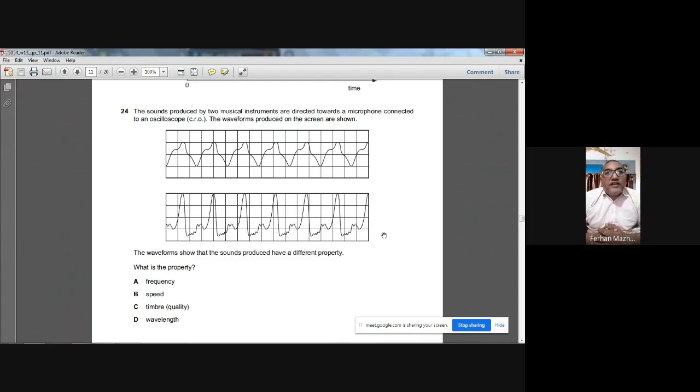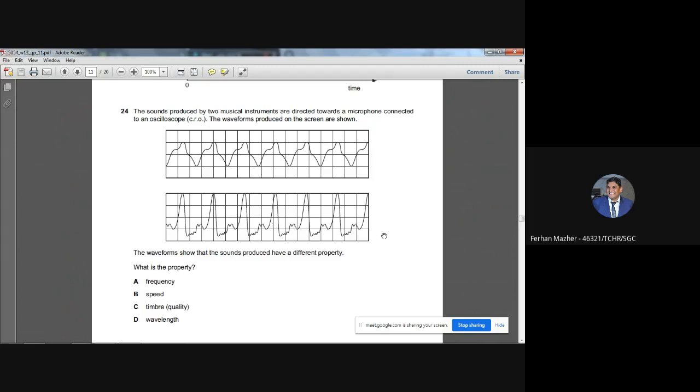What is the property? If you look carefully, you will see that they have the same frequency. The sound waves have the same speed, and the wavelength might be the same. The one thing which is different in both of them is the basic shape of the wave of each sound; it is different from each other.